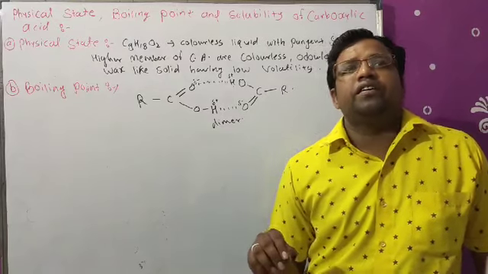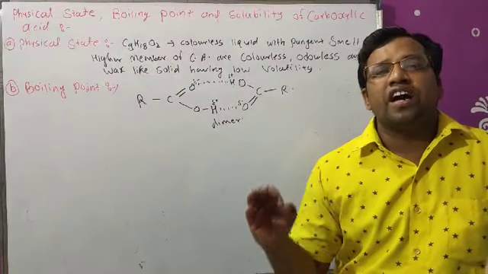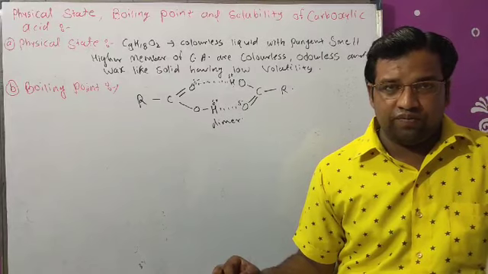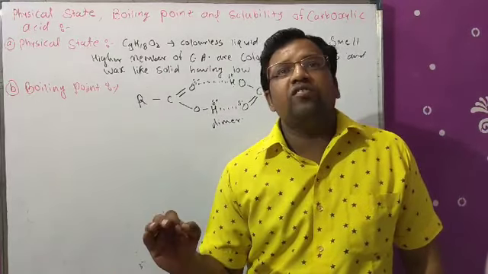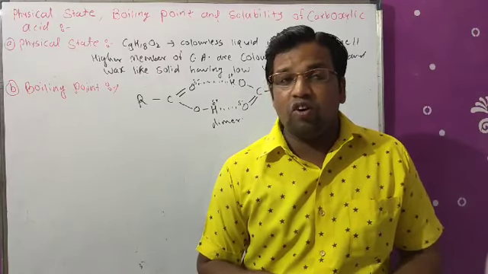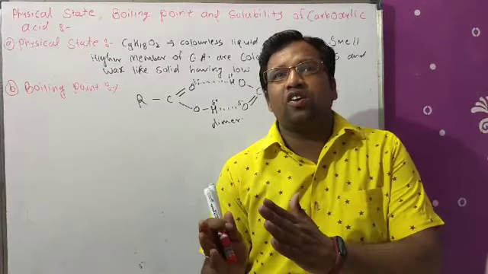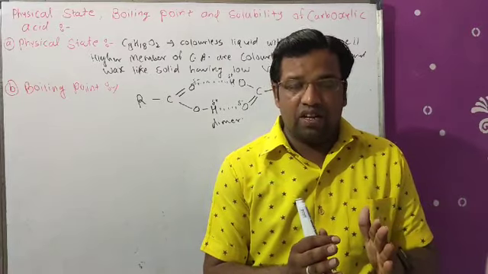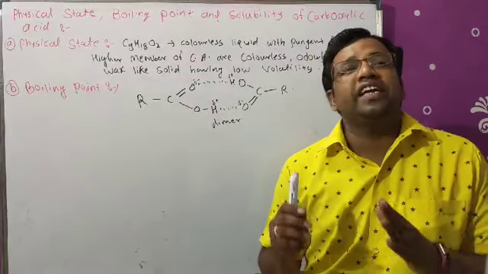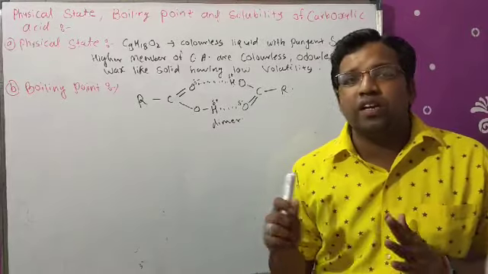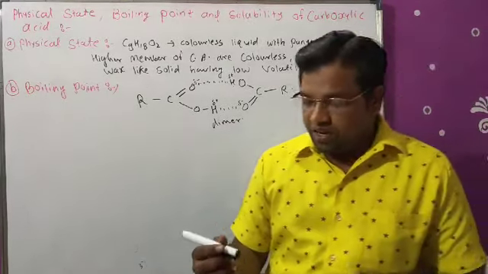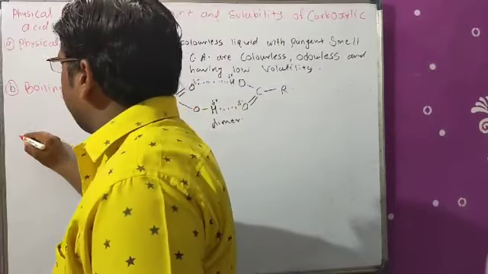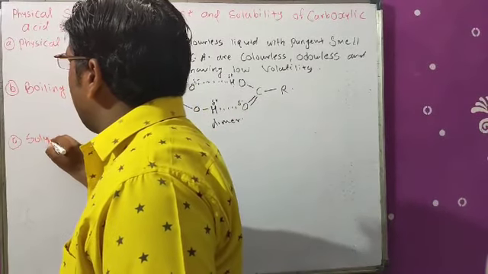Okay, but the higher members of carboxylic acid compounds do not make the hydrogen bonding, because the non polar alkyl group increases. Okay, the non polar alkyl group increases, therefore it is insoluble in water. So we can see the solubility of carboxylic acid. Third point is solubility.